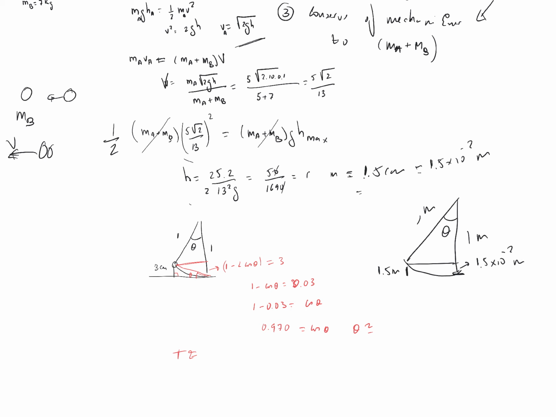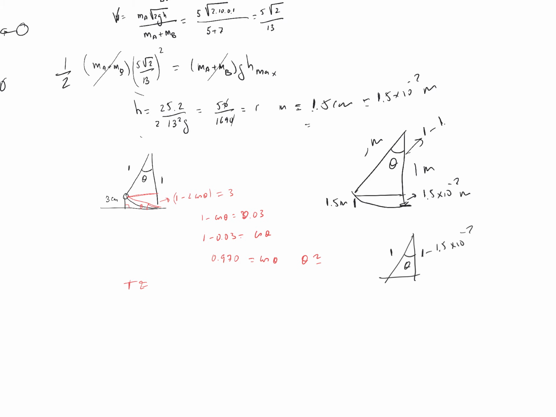Okay. How will I find this angle? So this part is 1 minus 1.5 times 10 to the minus 2. This is the triangle that I see. You see? And this is 1.